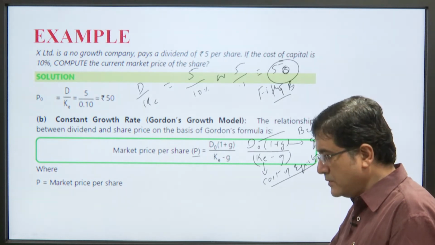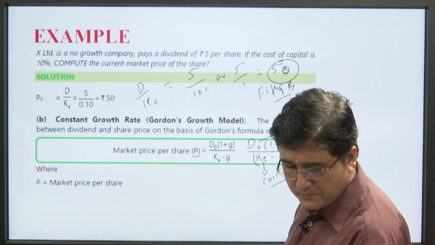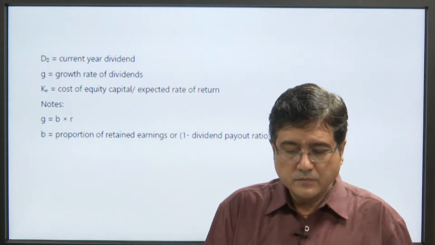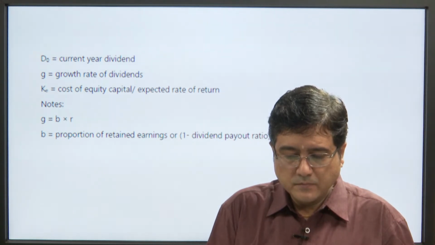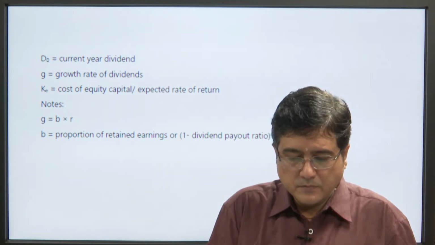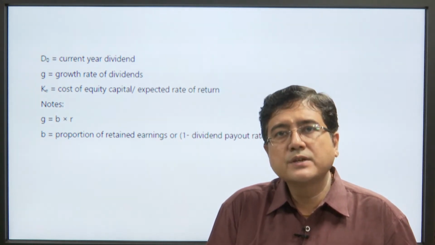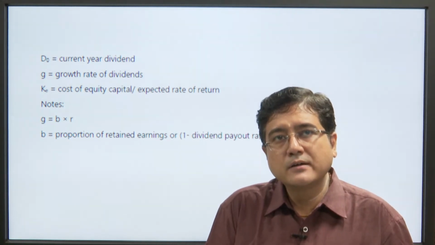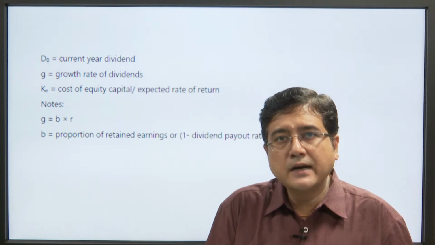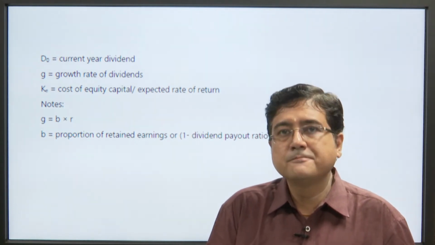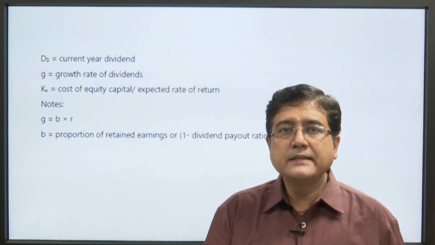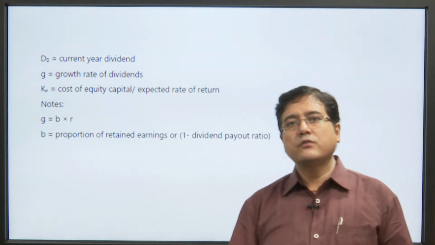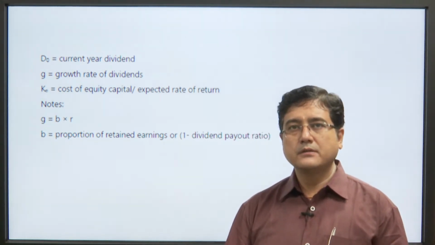Because the constant growth rate is based on the Gordon model, G is considered to be B into R. B is the retained earning ratio and R is the rate of return from the investment.